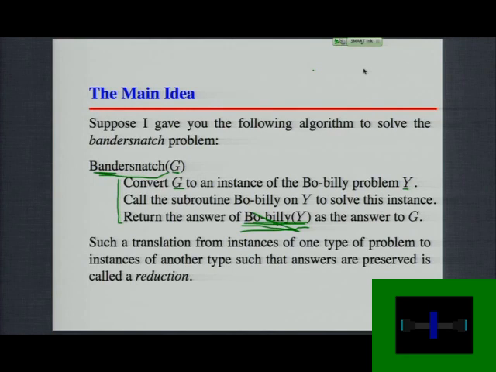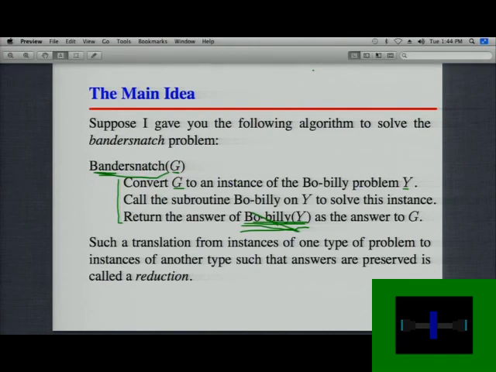But we have, in some sense, reduced the problem of solving Bandersnatch of G to this other problem, mobility. So any time that we can translate our problem into another problem such that the answers are preserved, that's something we call a reduction. And this is an example of a reduction of two problems. Any questions?